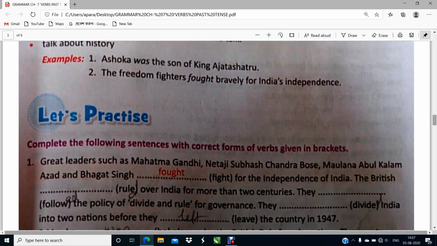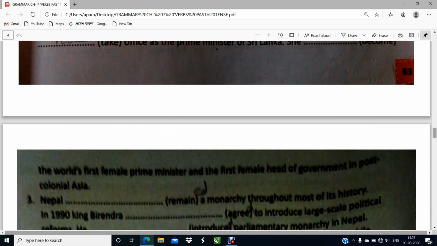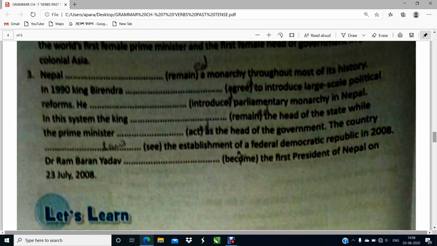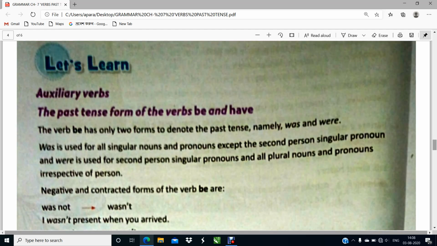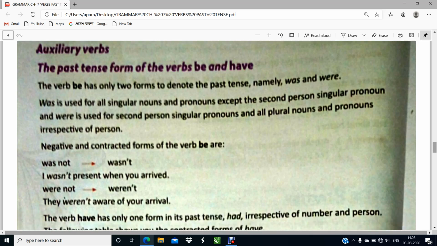Now see here, there's one more practice given here. I'll be sending this to you all as a PDF, and you will write it down. Then you have auxiliary verbs, which I have explained to you all beforehand when we did present tense. The be form. How do we write? I had, and I hadn't.